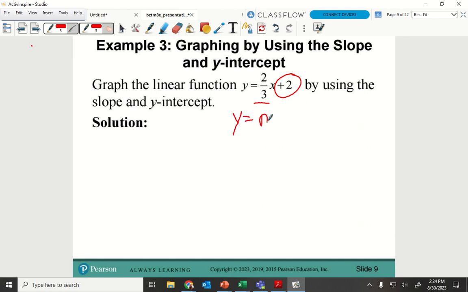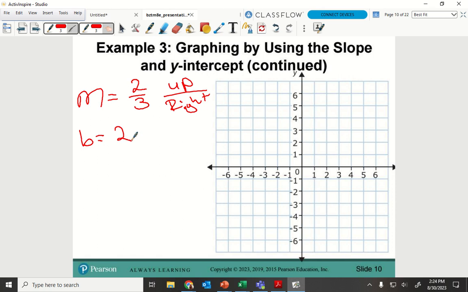Y equals mx plus b. My b is that number right there. My m is the number right in front of the x. So my b is 2. Now, as a coordinate, the b is going to be 0, comma b, which is 0, comma 2. This is my y-intercept.